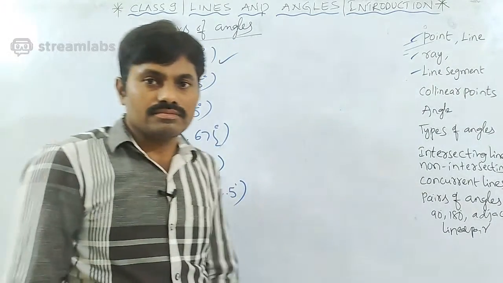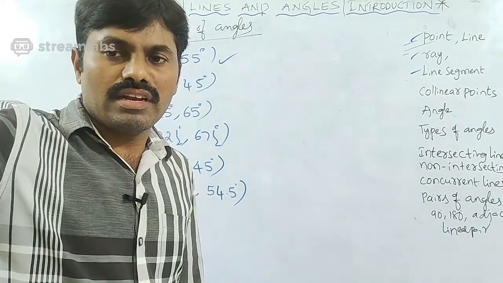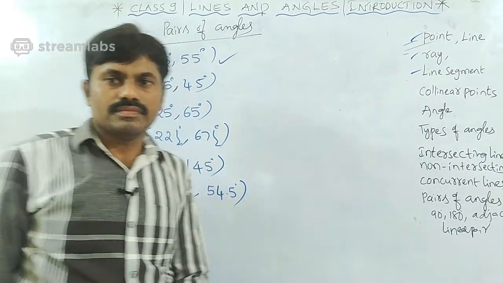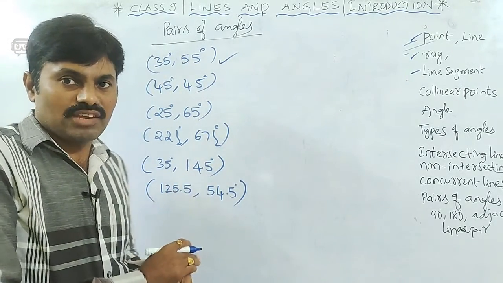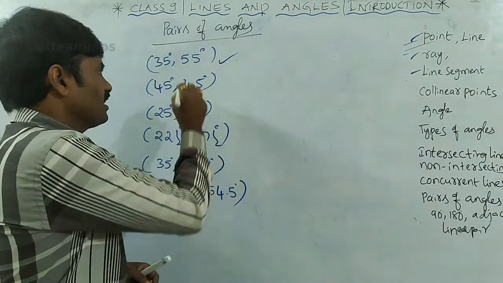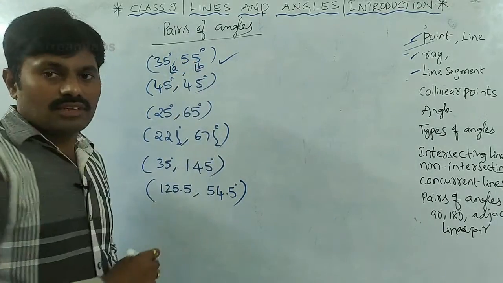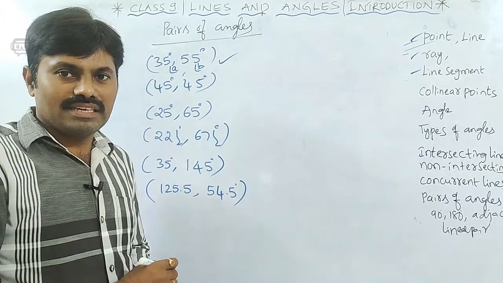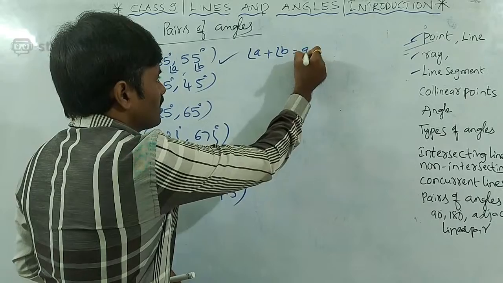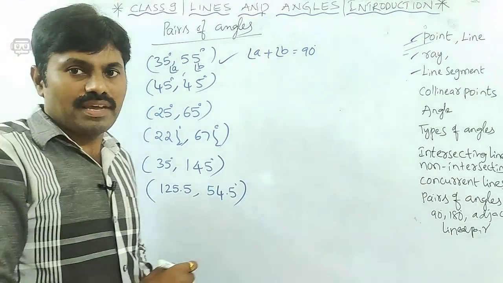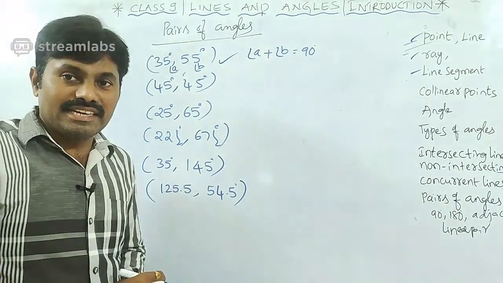This can be identified only by adding those 2 angles. If you take angle A and angle B, and the sum is 90 degrees, angle A plus angle B equals 90 degrees, then we call this pair angle A and angle B complementary angles.